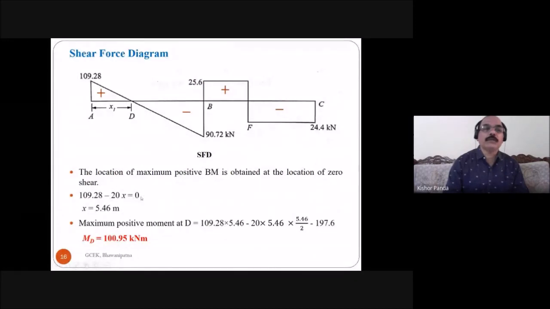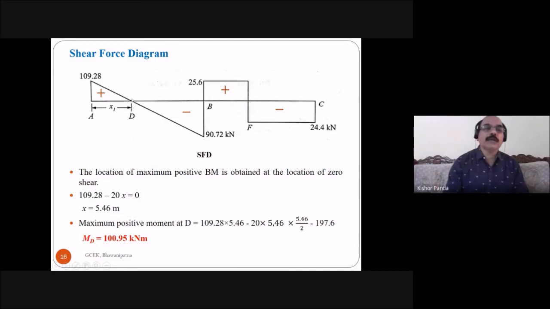This is the shear force, and you make the shear force 0. Then you will find the zero shear force position. This is 5.46 meter. The zero shear force length is 5.46 meter.